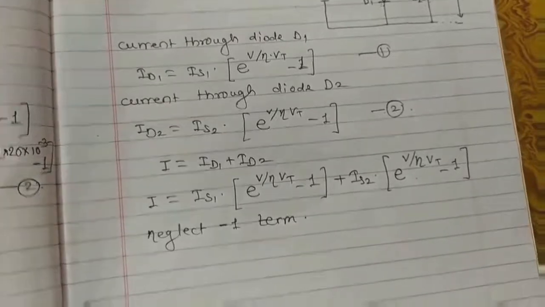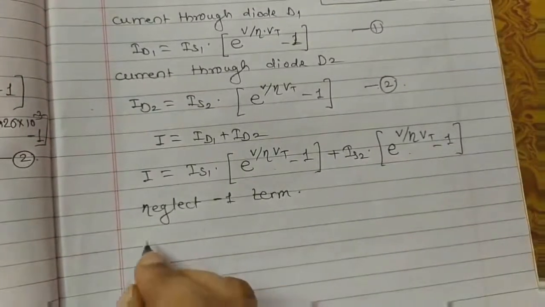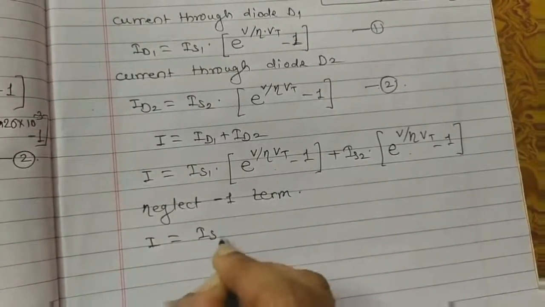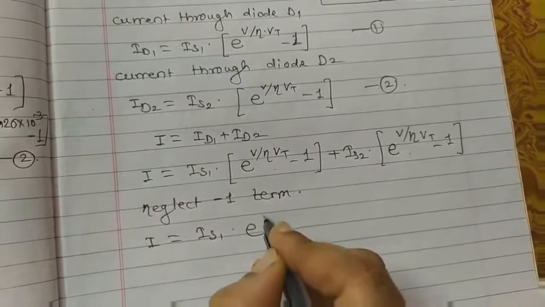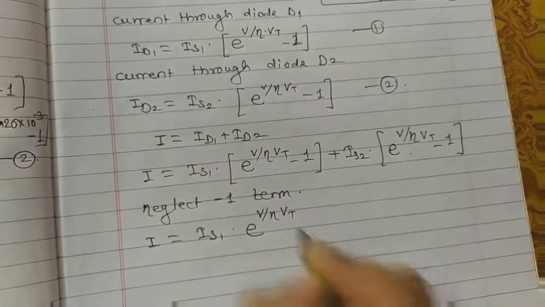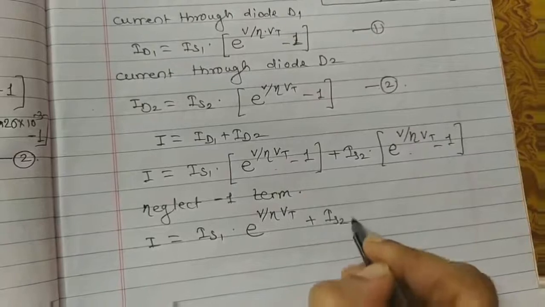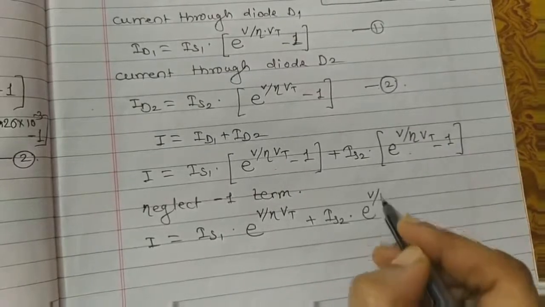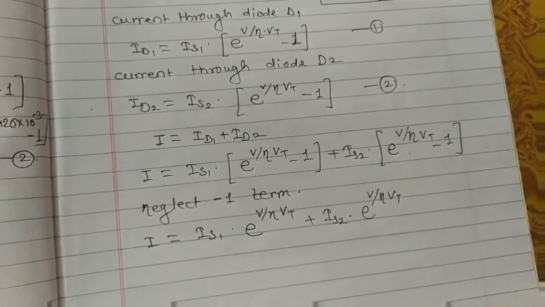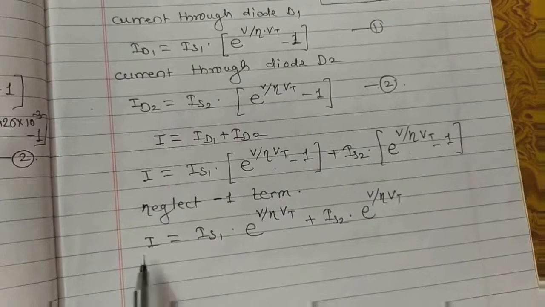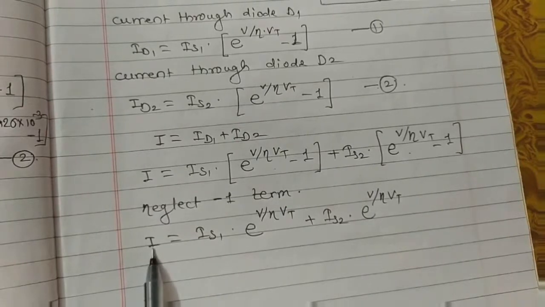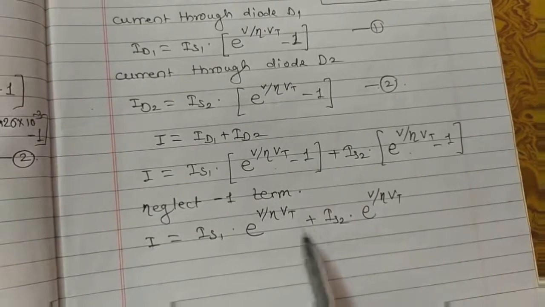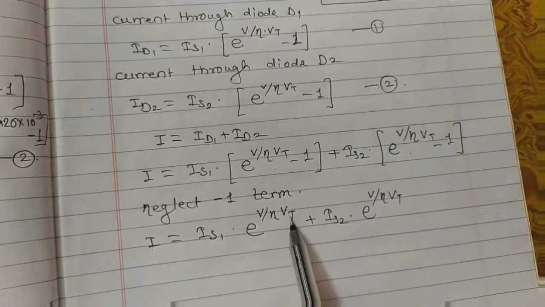By neglecting that minus 1 term, our I will become IS1 into e raised to V upon eta Vt plus IS2 into e raised to V upon eta Vt. Okay, now we'll put the values of this current I, the value of eta and Vt.